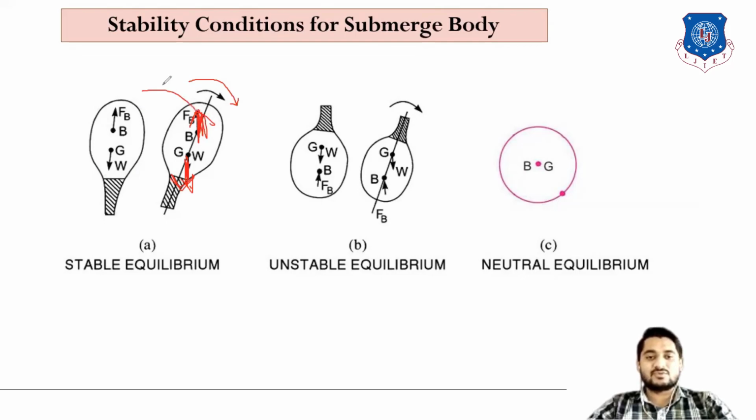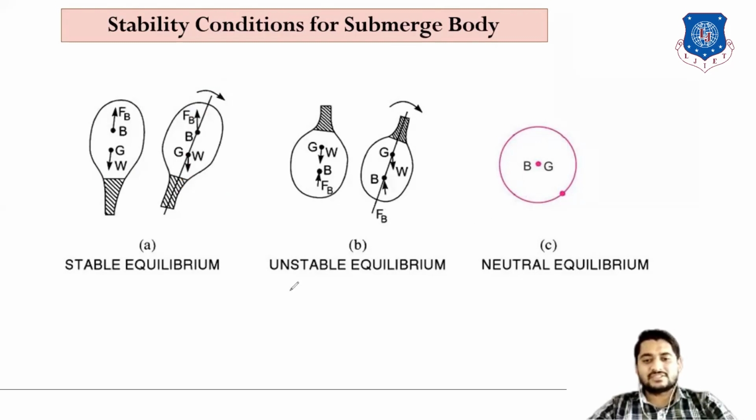This force is going in this direction and that one in the other direction, so an anti-clockwise moment is generated inside the body. With this moment, the body starts moving and comes back to its original position.